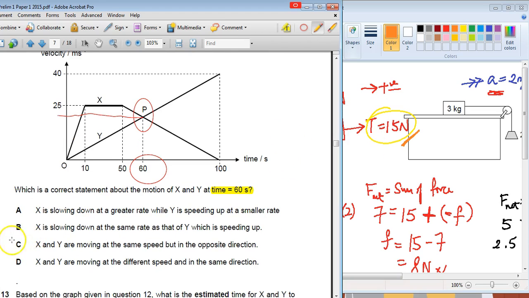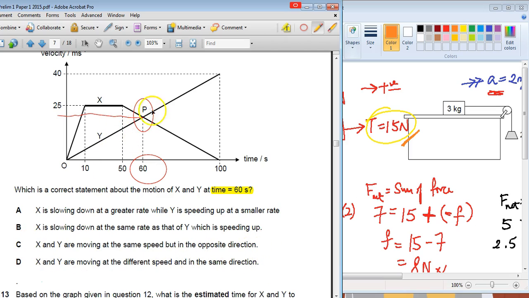So anyway, C will not be the correct answer, because both x and y are sharing the same velocity, meaning that they are going in the same direction. And so in C, it is wrong.